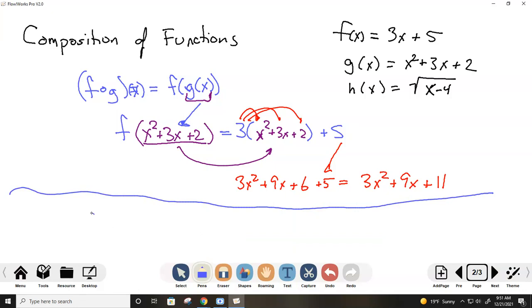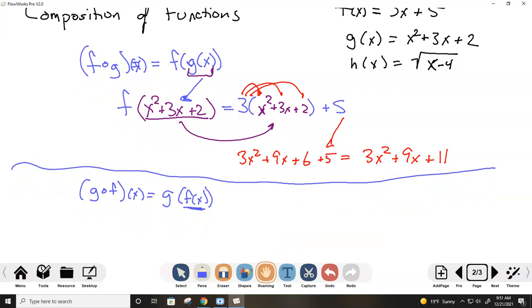Now if I switch it around, I do g composed with f. That's g of f of x. Now the first thing we're doing is f of x.